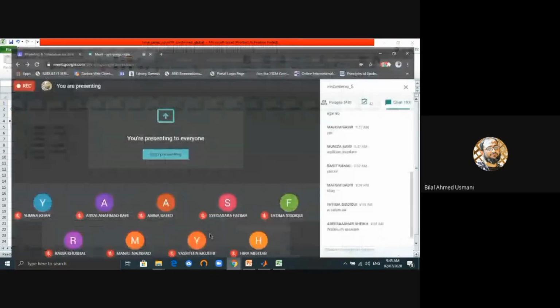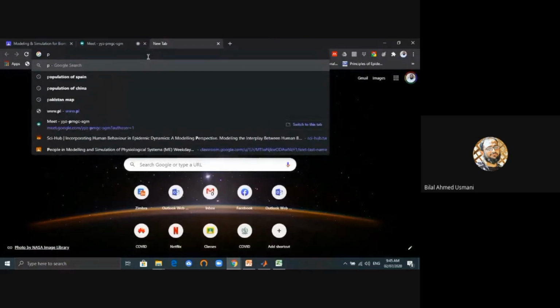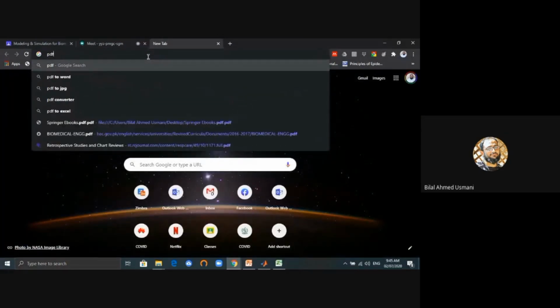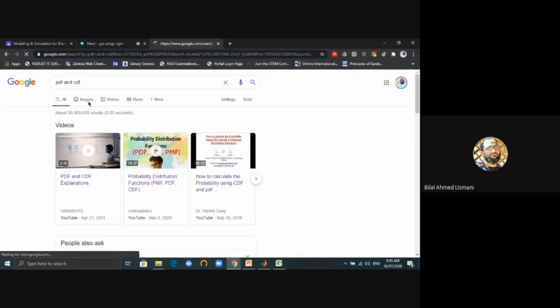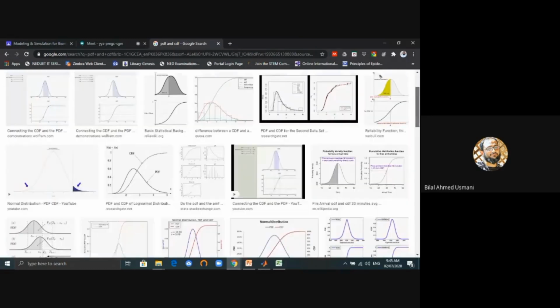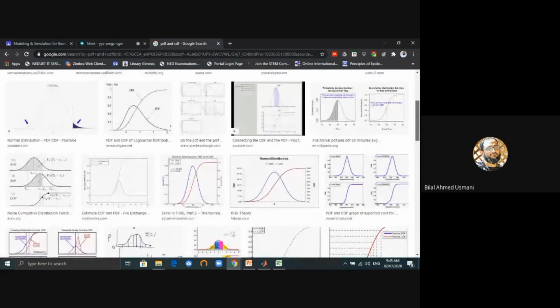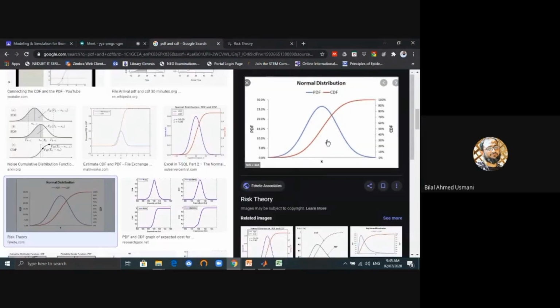One more thing I would really like to show you quickly is the PDF versus CDF graph. So this is the normal distribution. You know the PDF of a normal distribution, but the CDF of the normal distribution looks like that.